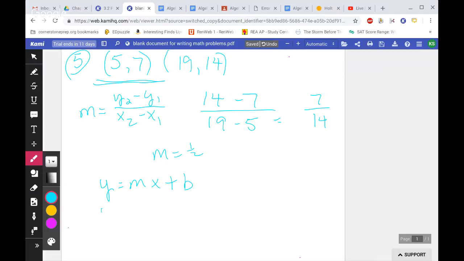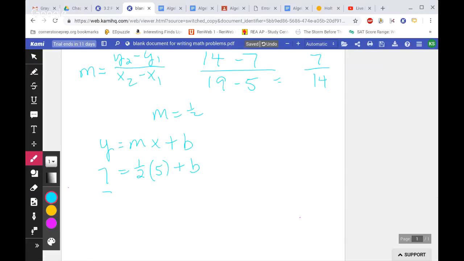So I'm going to plug in y equals 1/2 times x, oops, my bad. Sorry, guys. 7 equals 1/2 times 5 plus b. So that's going to be, oh, y'all love these, 5/2 plus b. And now I've got to subtract 5/2 from both sides.